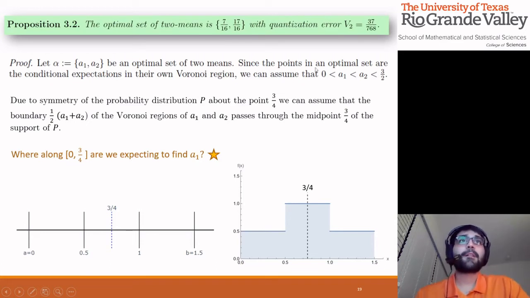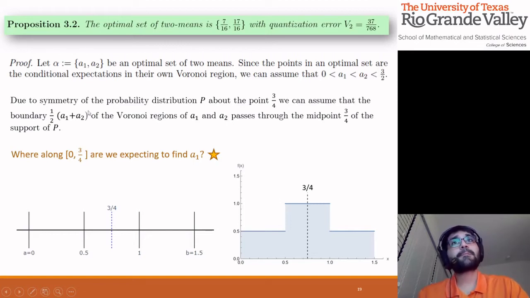Since the points in an optimal set are the conditional expectation in their own Voronoi region, we can assume that A1 is greater than 0, A2 is greater than A1, and A2 is less than 3/2.